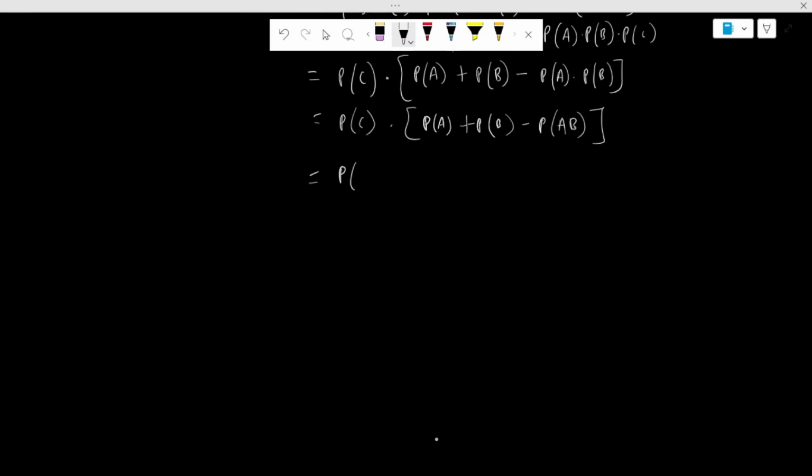Now this is equivalent to probability of C times (probability of A plus probability of B minus probability of A intersection B), which is probability of C times probability of A union B.